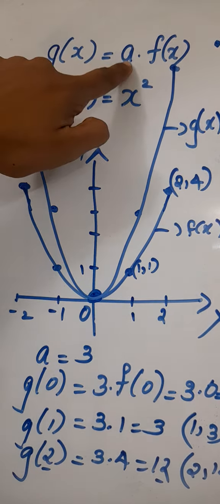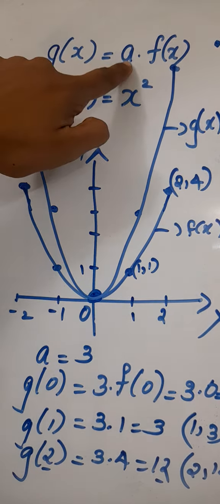So basically we conclude that if we transform the function f of x to a times f of x, we end up getting a vertical stretch. And the stretch factor in this case will be equal to a.